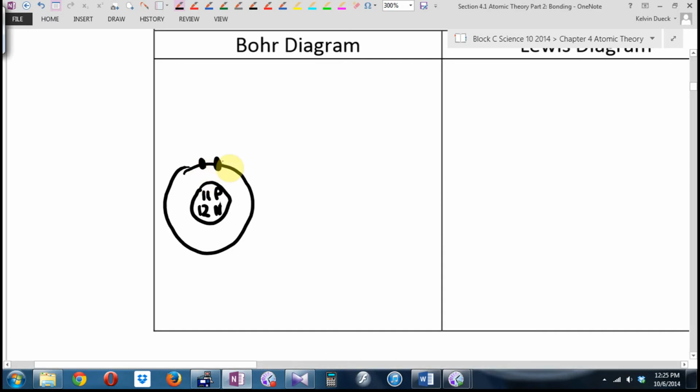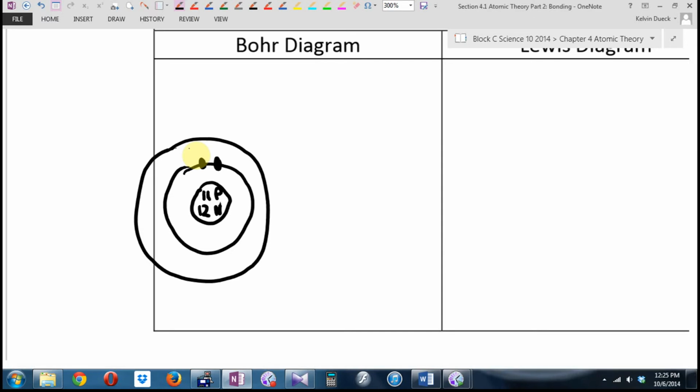Pair them up because that's a full shell. How many in the next shell? 8. You can count across. You can memorize it, but also it's on your periodic table if you just count across.